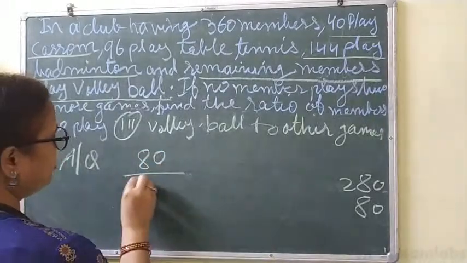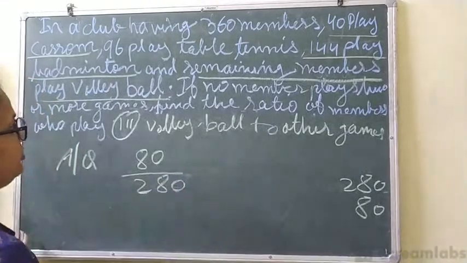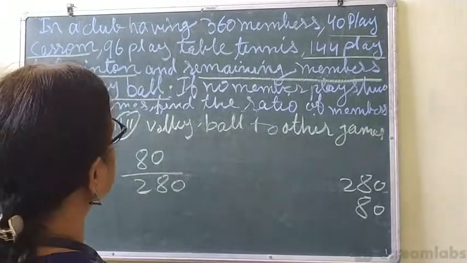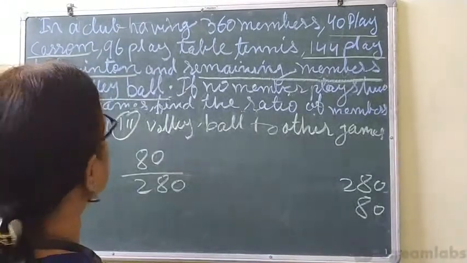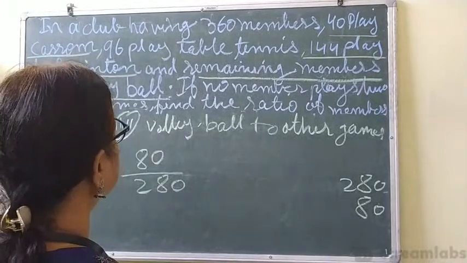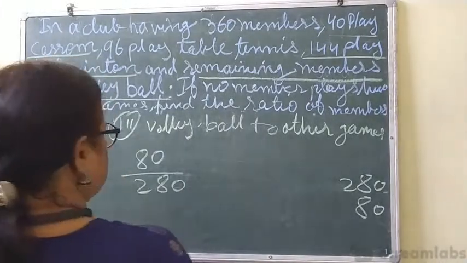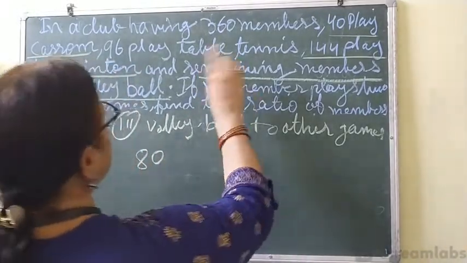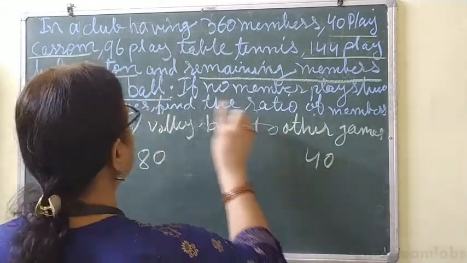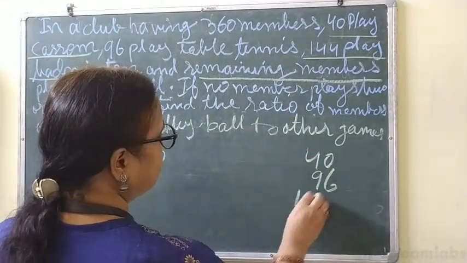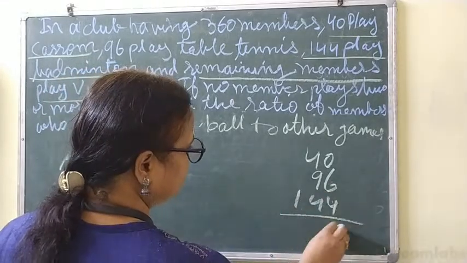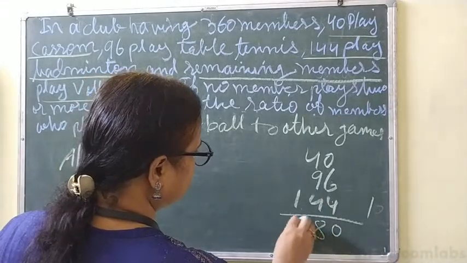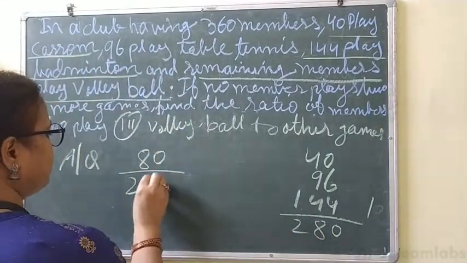And other games 280. Other games first we'll find out. I think this after subtraction I have got it here. Let's check. Other games means 40, then 96, and then 144. Yes, 280 is correct.